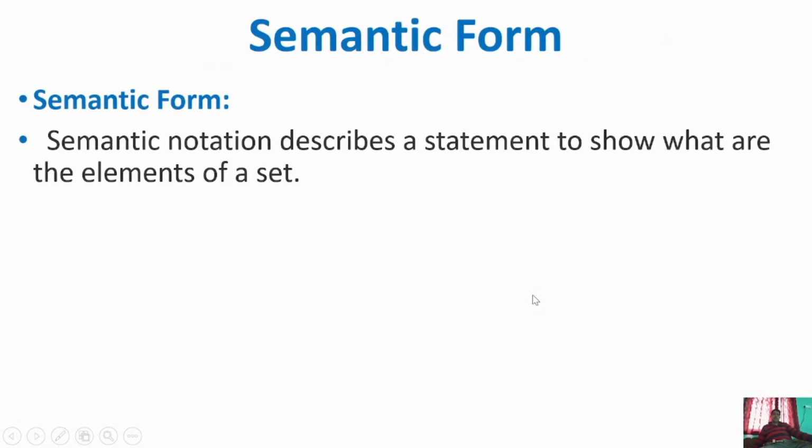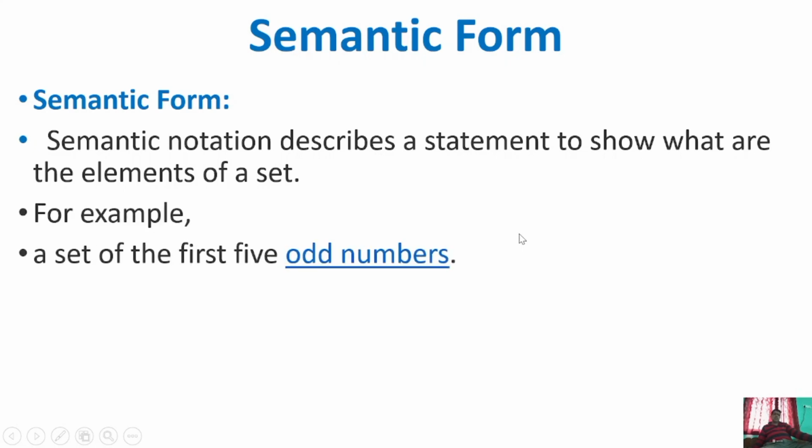So what is semantic form? The semantic form is a kind of notation of the set which describes in a statement what the elements of a set are. A set expressed in the form of a statement is called semantic form.